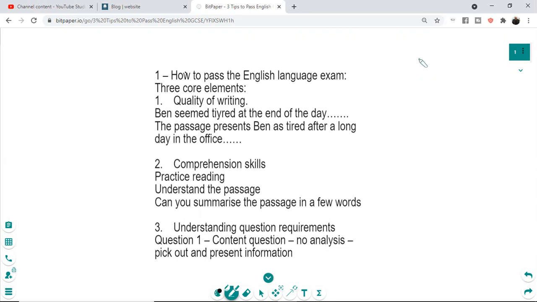You don't make any bad mistakes in terms of the content, but you can still fail the exam. And how does that work? You can fail the exam because the quality of your writing simply is not high enough to afford you a pass grade. So the examiner has to feel confident that this student is a pass quality candidate.